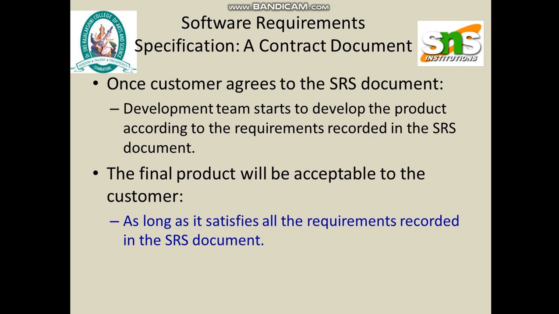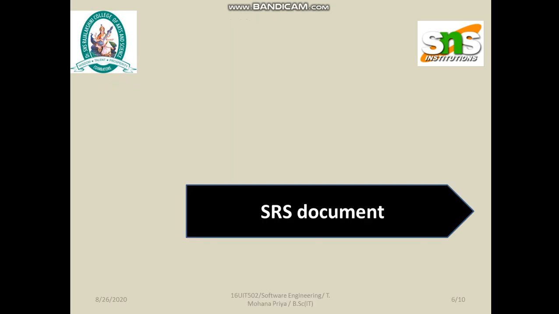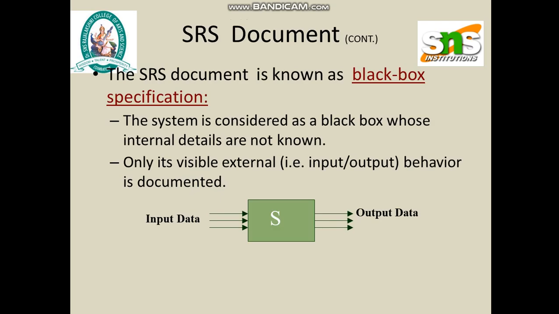Once the customer agrees to the SRS document, the development team starts to develop the product according to the requirements recorded in it. The final product will be acceptable to the customer once it satisfies the contents we give in the SRS document. And we'll see what the parts of the SRS document are.